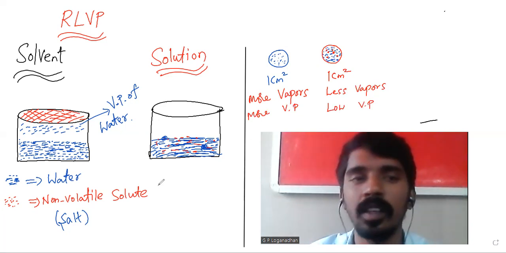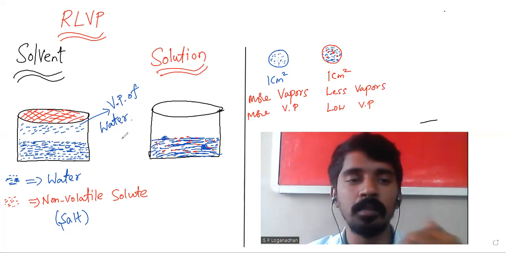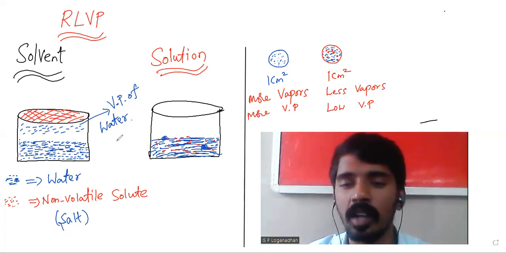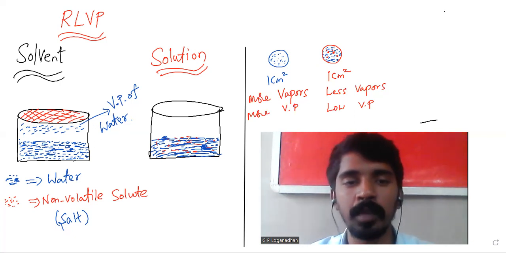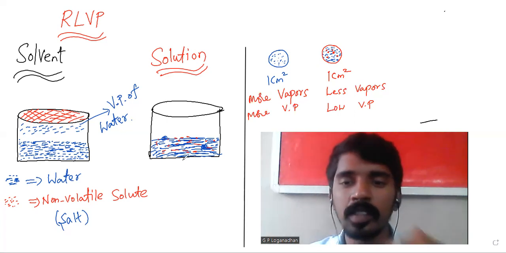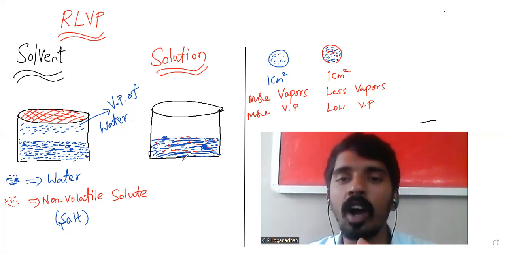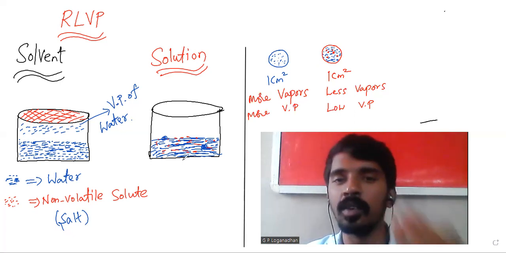This is known as lowering of vapor pressure. When a non-volatile solute particle is added to a solvent, it occupies some space on the surface of the solvent. That stops some amount of water molecules from changing into vapors.